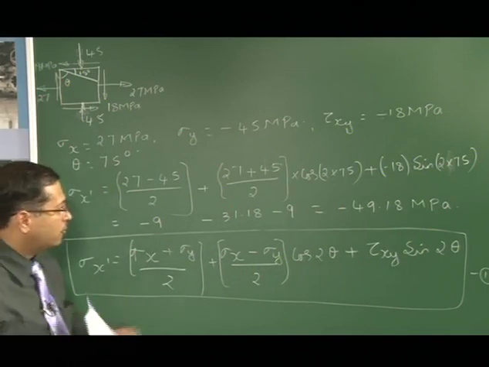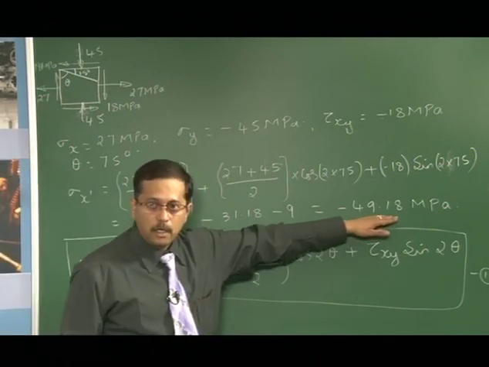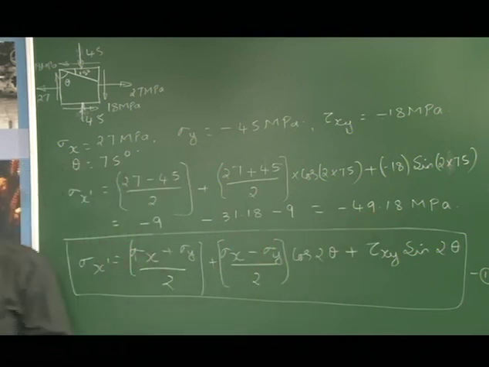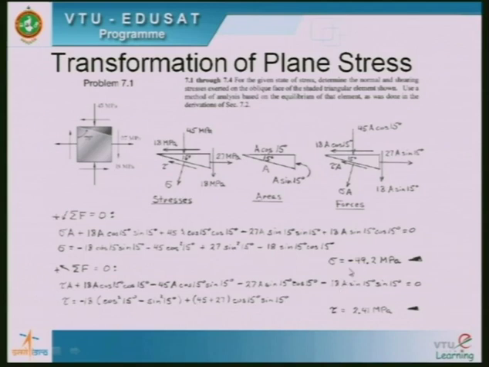Now, if you see this value, what I have got using the formula matches the value that we got from the first principles, which is minus 49.2 megapascal, whereas here we have minus 49.18, which is the answer you should get when you use the formula.